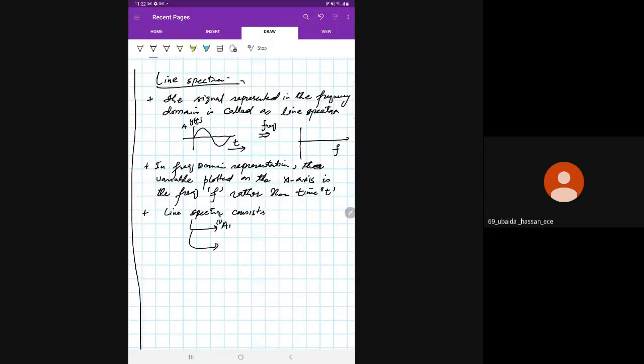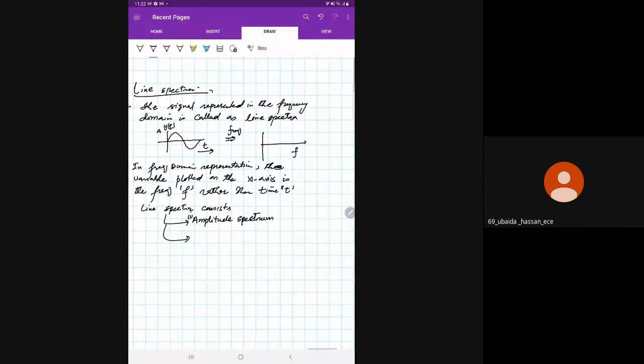The first one is known as the amplitude spectrum, which is nothing but a graph of the amplitude of the signal versus frequency.